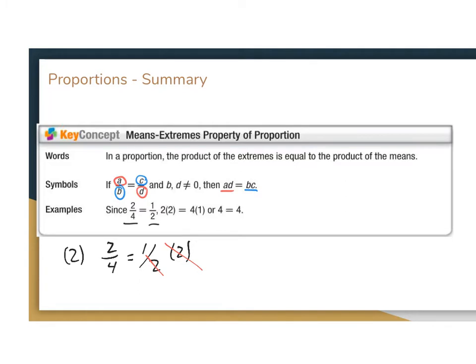And then we can multiply both sides by 4. We see that the 4 cancels out, so we get 2 times 2 is equal to 1 times 4, which is 4 is equal to 4, as shown here. So that is a summary on proportions.